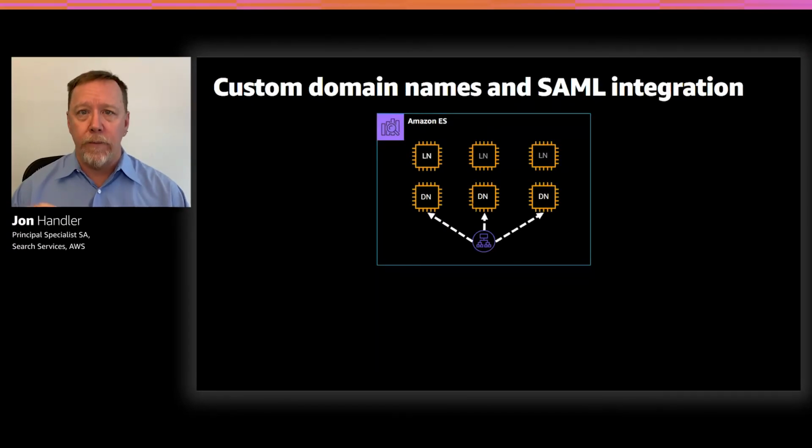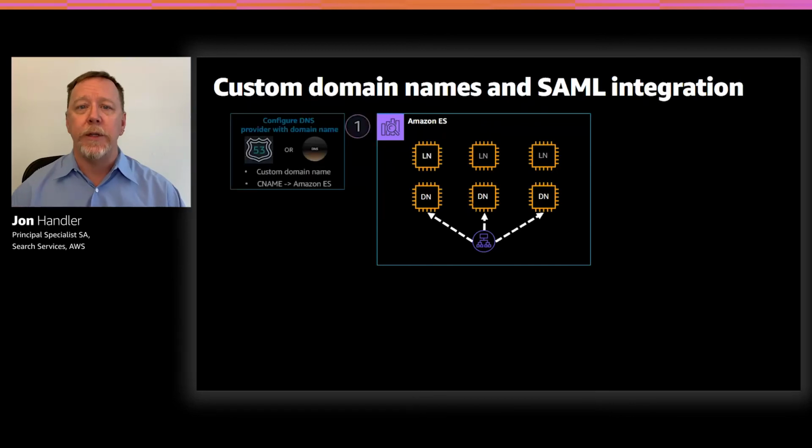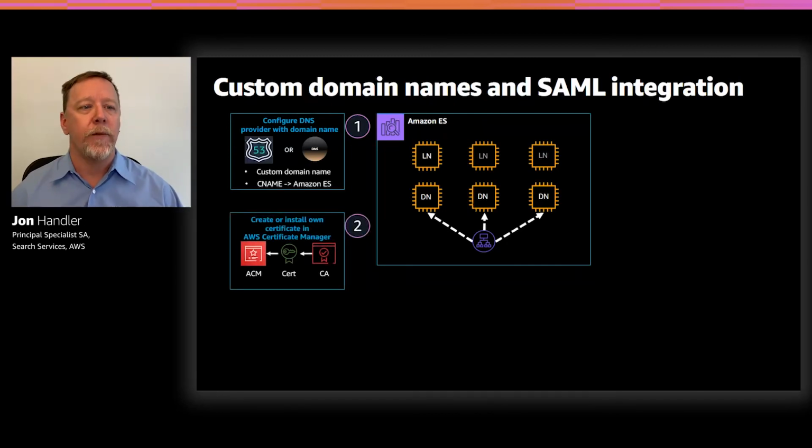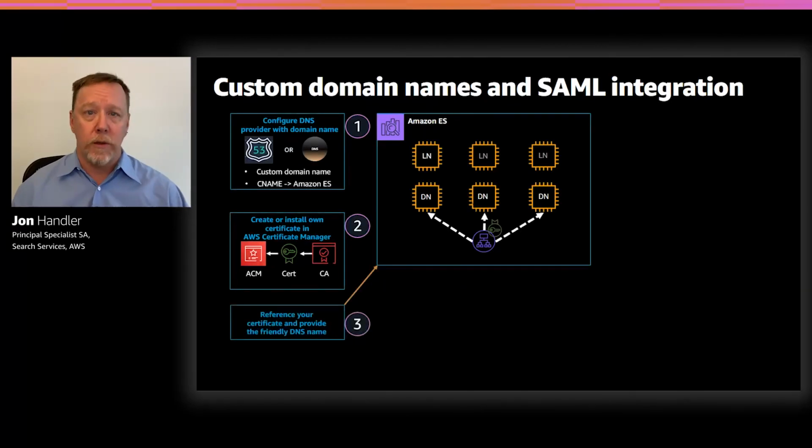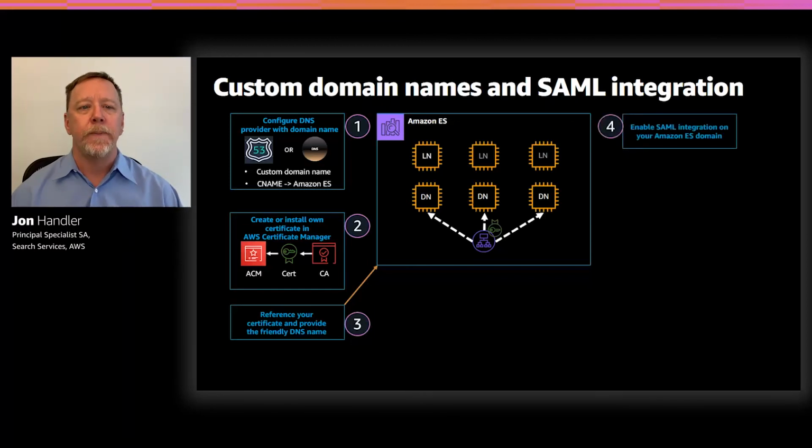We also have most recently come out with custom domain names and integration with SAML providers. We've spoken a little bit about SAML. For custom domain names, you set up a DNS domain with your DNS provider. You then use the Amazon Certificate Authority to bring in your certificates and then publish those to the domain so that you can use that custom endpoint for Amazon Elasticsearch service domains.